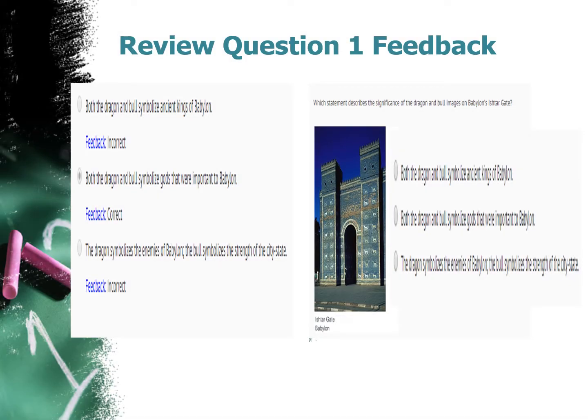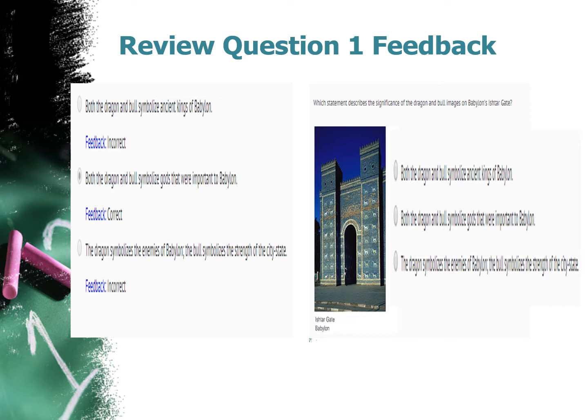So your answer for question 1 should have been: both the dragon and bull symbolize gods that were important to Babylon. Through your reading, you learned that the Babylonians believed that God protected each city-state and the king was the god's representative on earth.